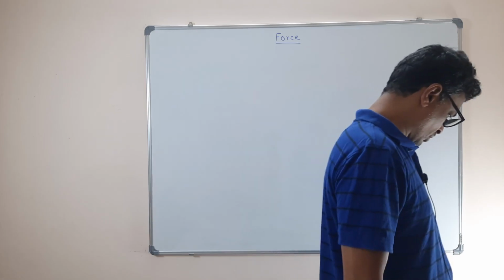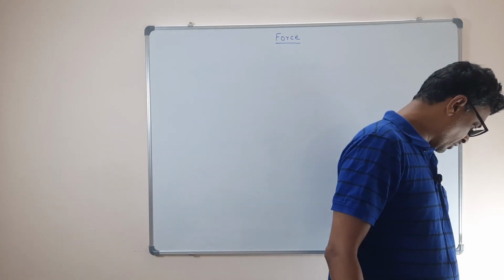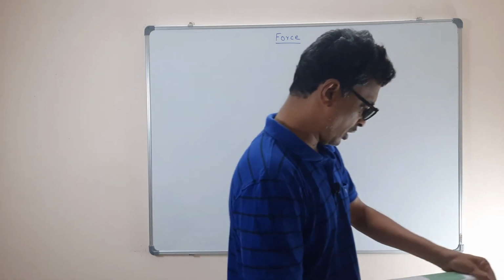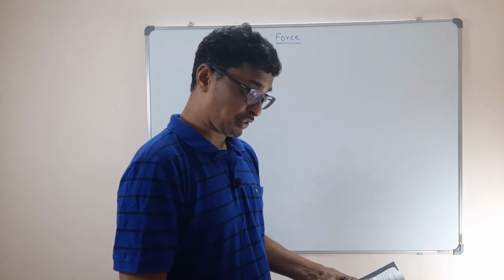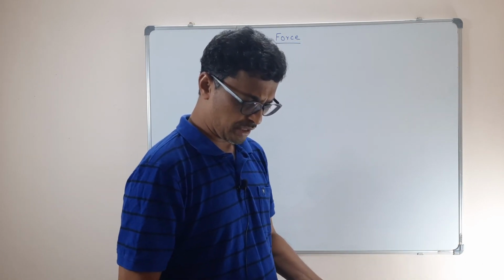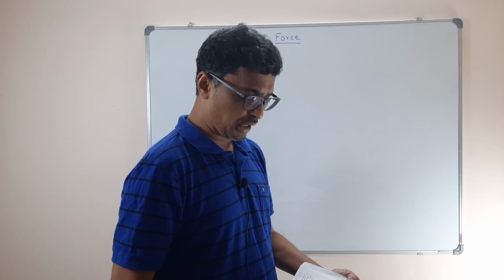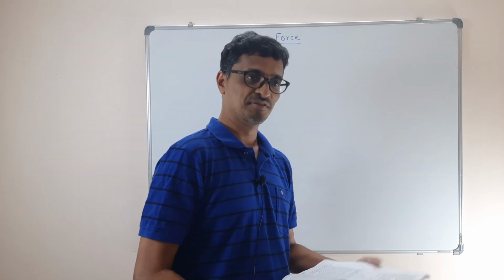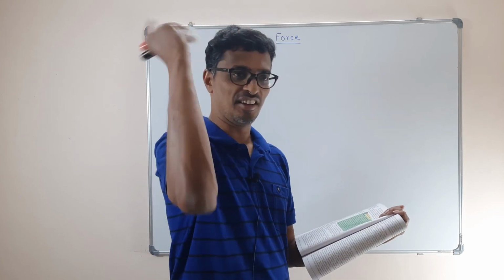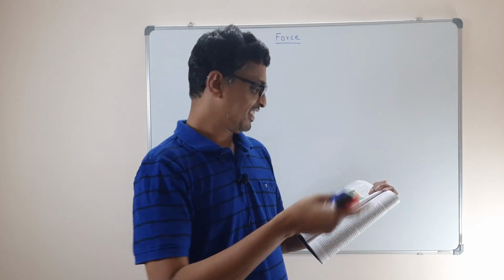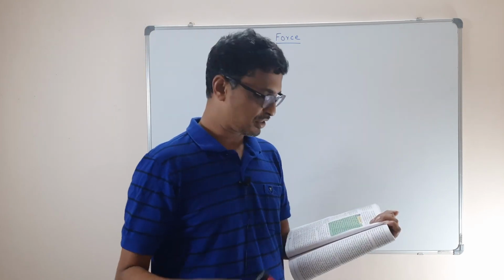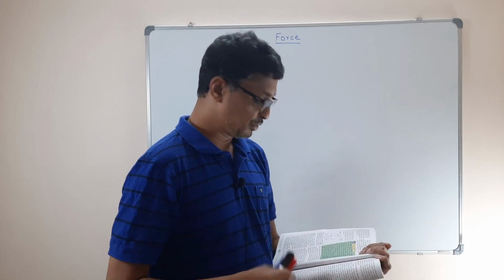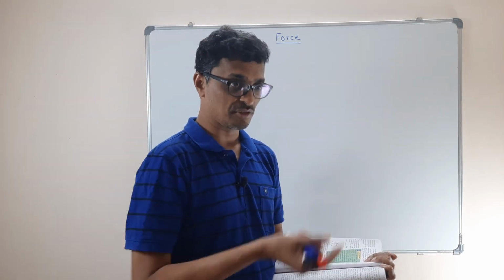Okay. Then there is a box in your book. This is about the unification of forces, and I told you about that earlier, right? See, Newton unified the terrestrial force and the celestial force. Your Newton's law of gravity and everything, he tried to bring all the forces together. One sort of unification he did was Newton's law of gravity and Newton's laws of motion.